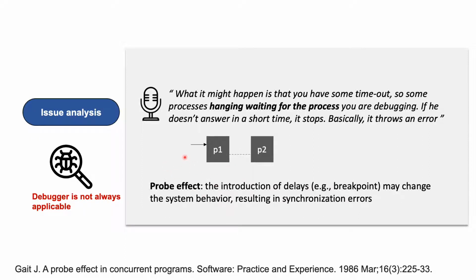The introduction of a breakpoint to one of the processes will cause the other processes to wait for the response and eventually get a timeout error. This is called the probe effect. That says the introduction of delays may change the behavior of systems that have synchronization logic.